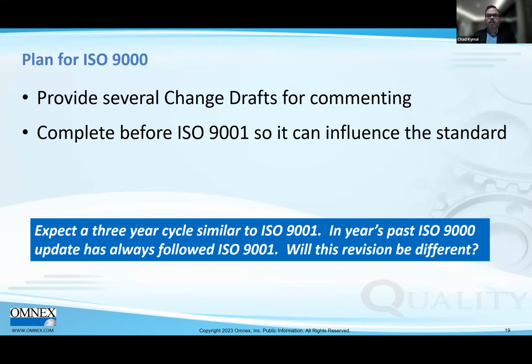I feel there's a lot of wherewithal in this ISO 9000 team, but the 9001 team always has the power in the TC 176, and all the sharpshooters are part of the ISO 9001 team, and sometimes the ISO 9000 team takes a back seat. Let's see if this year it could be a little different.